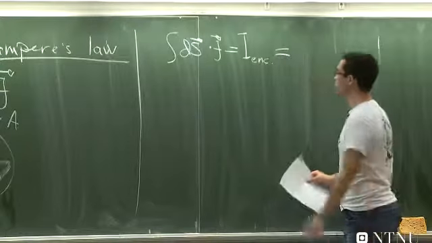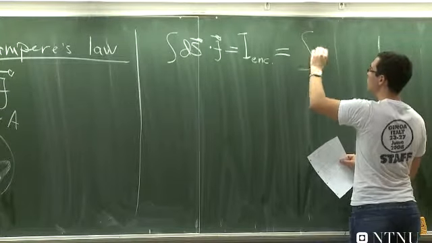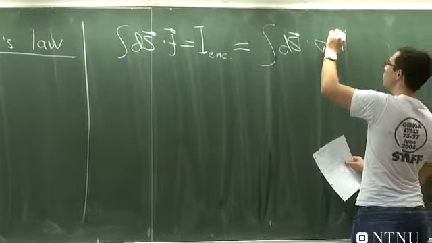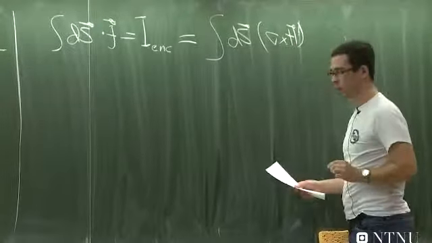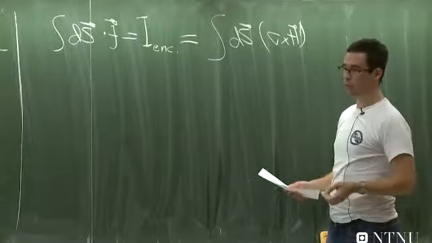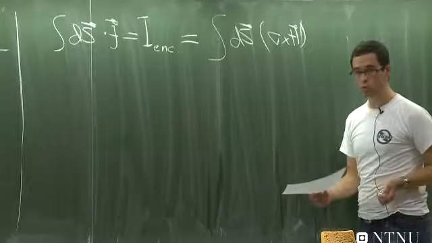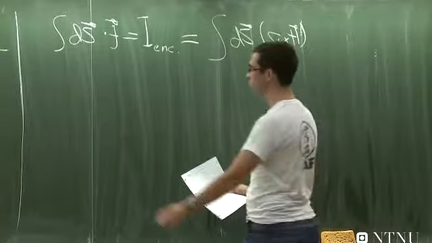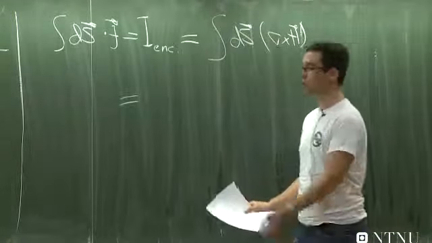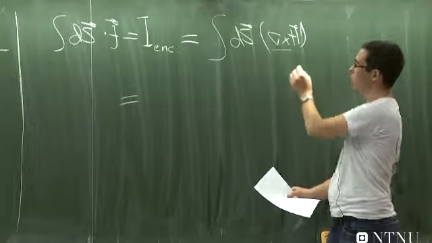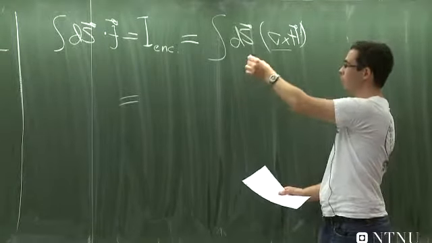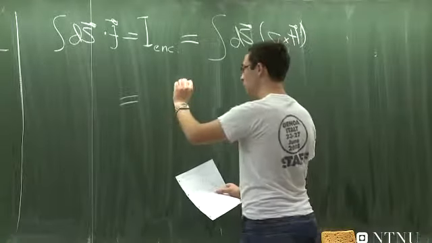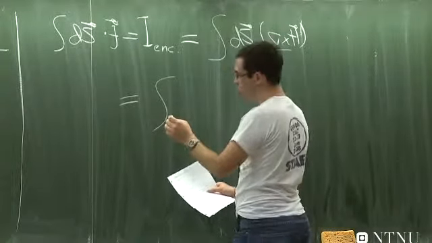And if I integrate the left hand side, then you should immediately think of Stokes' theorem from vector calculus, which relates the surface integral of the curl of a vector field to the line integral of that vector field. I hope I got that right.